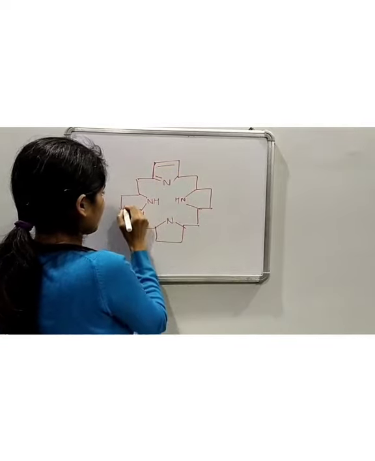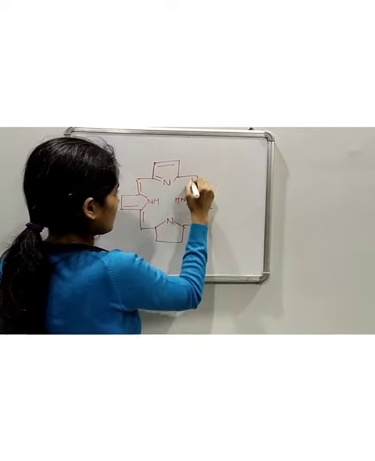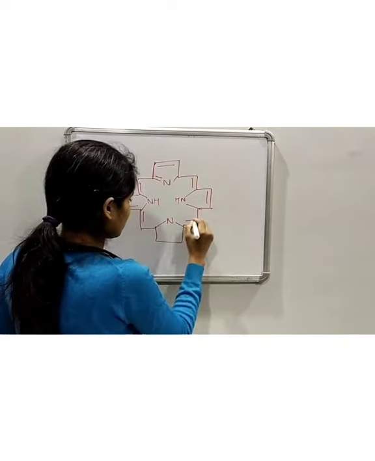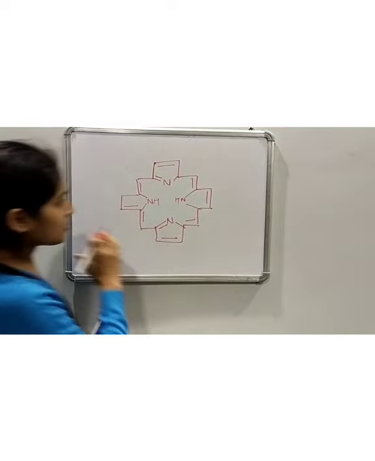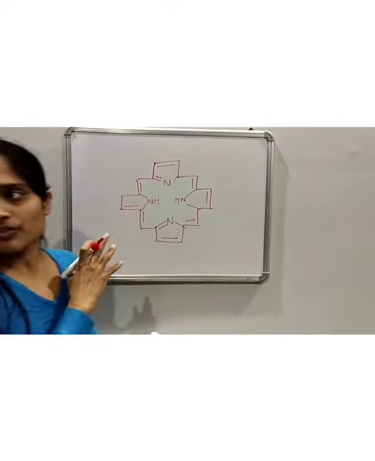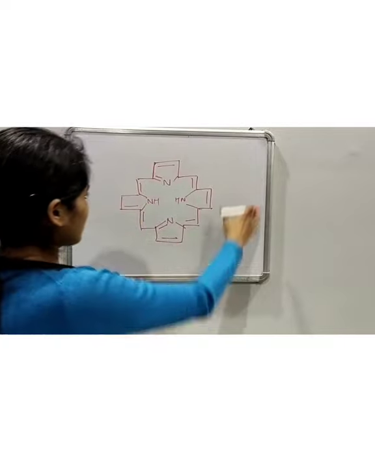So it's here, then here, then here, here, not this place. So this is the basic structure of the porphyrin ring.